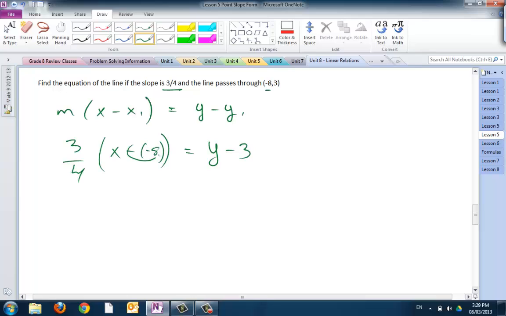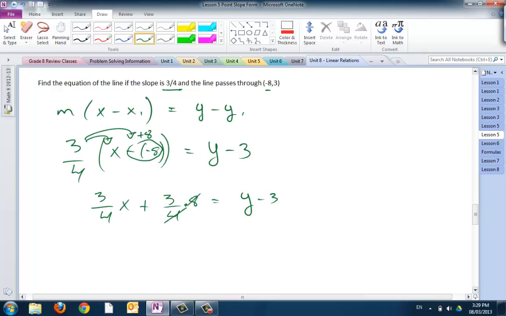So this here, that's actually +8, so that's 3/4 x when I distribute this in, plus 3/4 of 8 is equal to y minus 3.